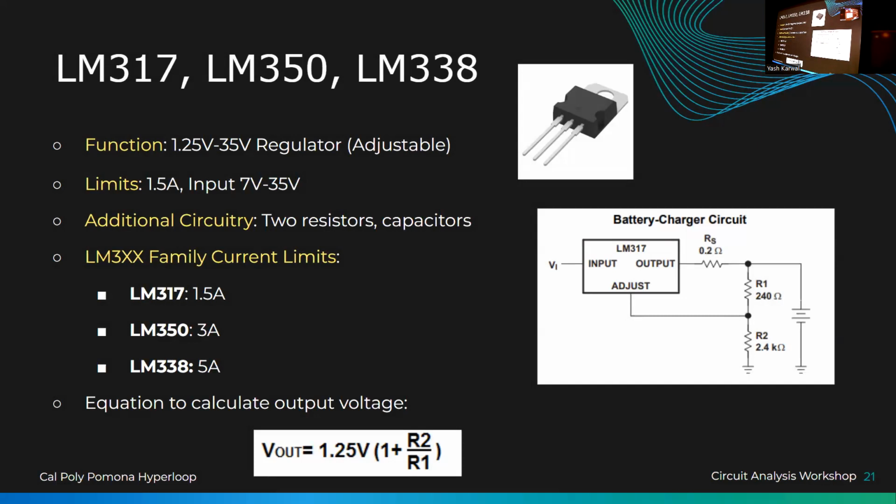So earlier that other one can only do 5 volts. But these chips right here, they allow you to change the voltage. So for example, the LM317, this one, if you change the resistors, you can actually get a different voltage output. The only important thing is if you input a voltage of like 12 volts, the output cannot go higher than 12 volts.